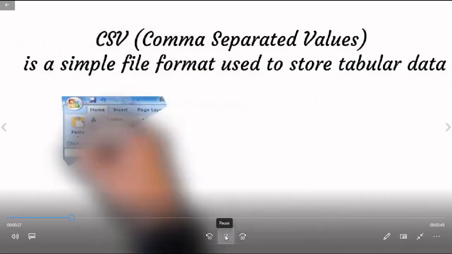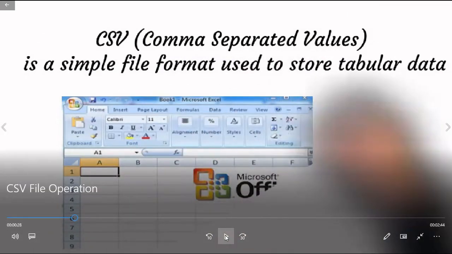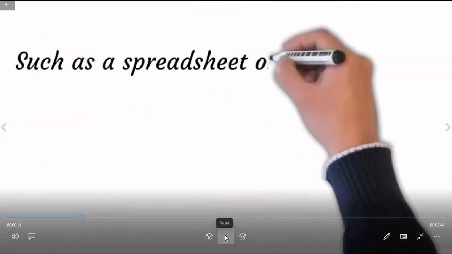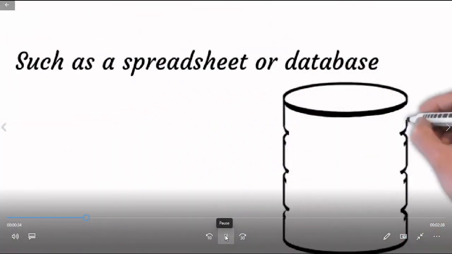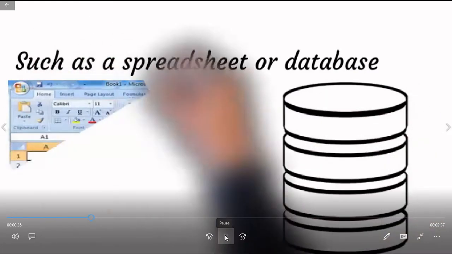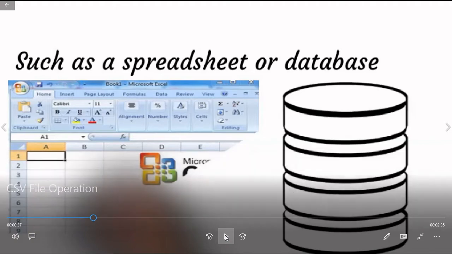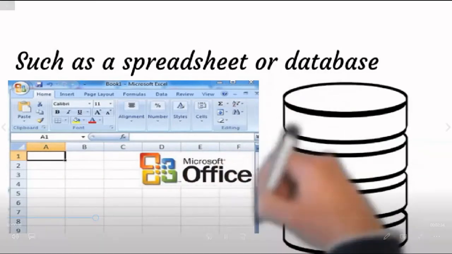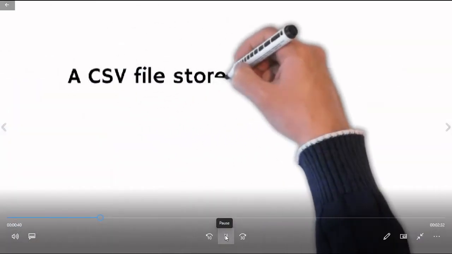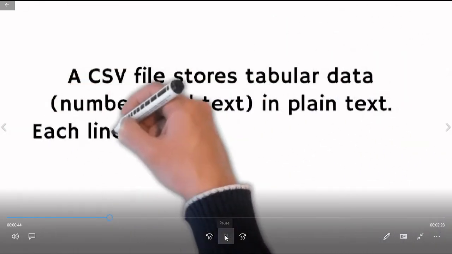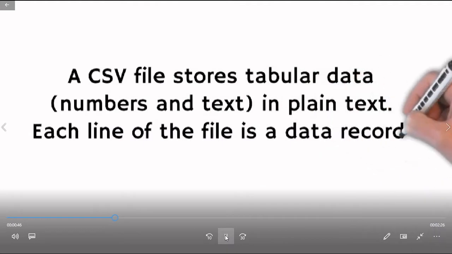CSV, comma separated values, is a simple file format used to store tabular data such as spreadsheets or databases. A CSV stores tabular data, numbers and text in plain text.